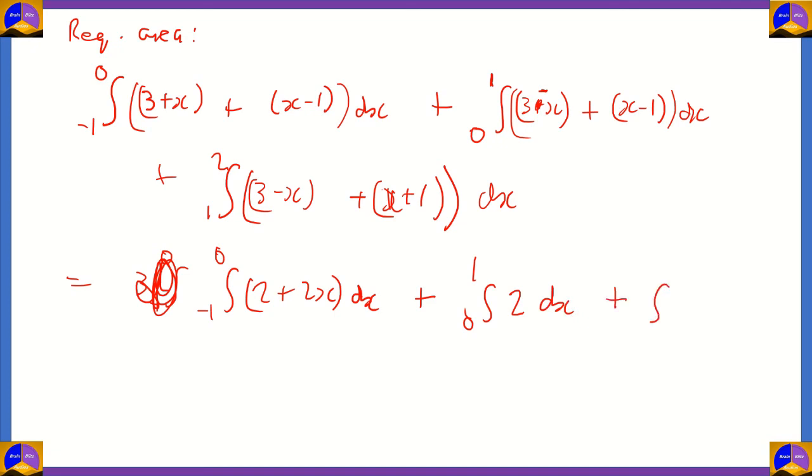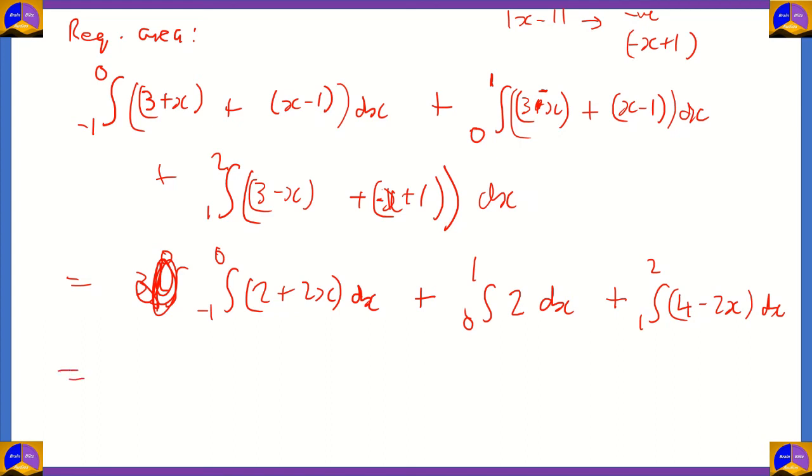And then the final integral from 1 to 2, you will have 3 plus 1 is 4, and minus x minus x gives you minus 2x. The reason why minus came there is because the negative part of that, since the modulus is x minus 1, when it's negative, it will be minus x plus 1.